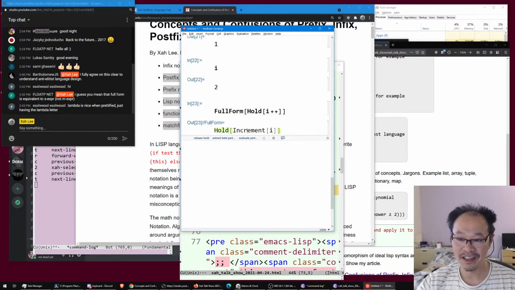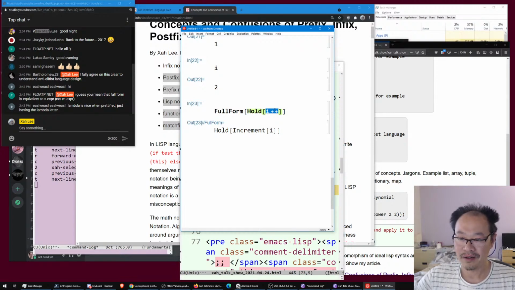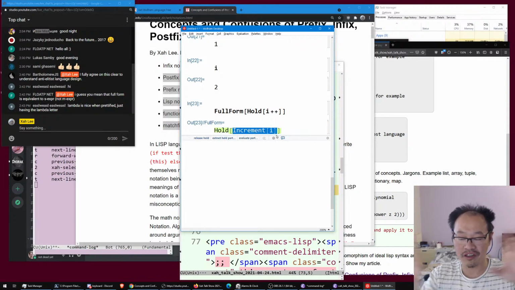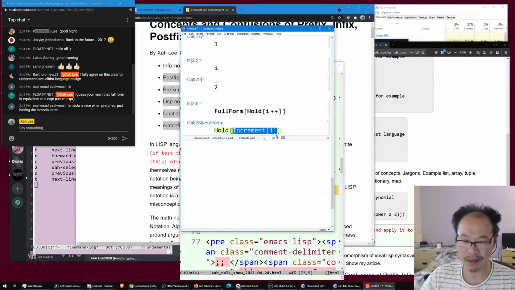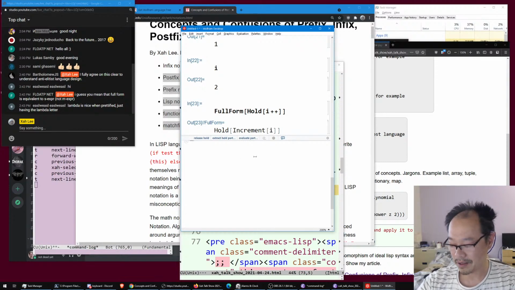So you see, this form, I plus plus or X plus plus, is actually syntactically equivalent to this function Increment with a variable name. In my view, this is a very beautiful part of Mathematica: systematic, consistent, no exceptions, 100% equivalent layers. So that's about that.